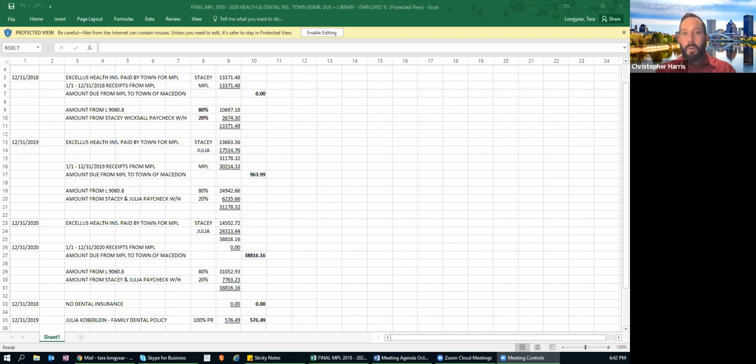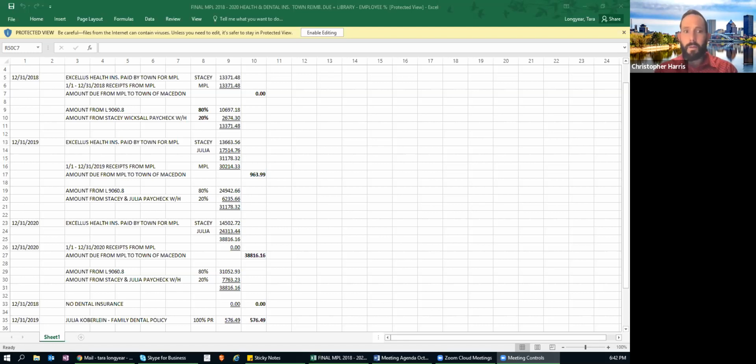So there are a lot of numbers on these spreadsheets, and the town gives a stipend to the library to cover health insurance, and there are amounts withheld from employees and all of that. But as far as getting to the crux of what the library owes the town, I agree with the number that Kim has come up with. I didn't look at Excellus invoices or premiums paid by the town.